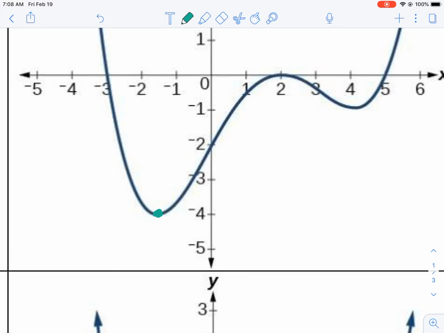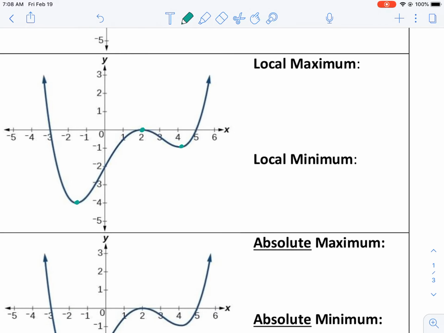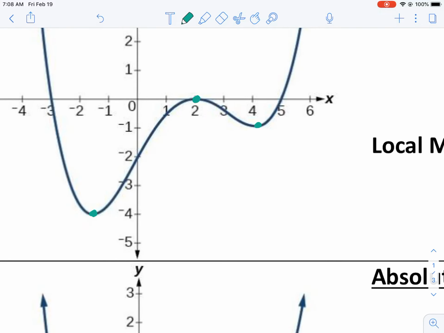So that point right there is a local maximum or minimum. This point right here is local maximum or minimum. Similarly, you have that point right there. And you can figure out whether they're minimums or maximums by whether they're at the bottom of the hill or the top.